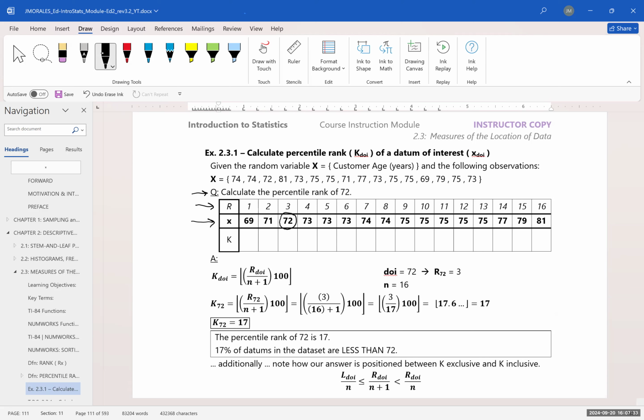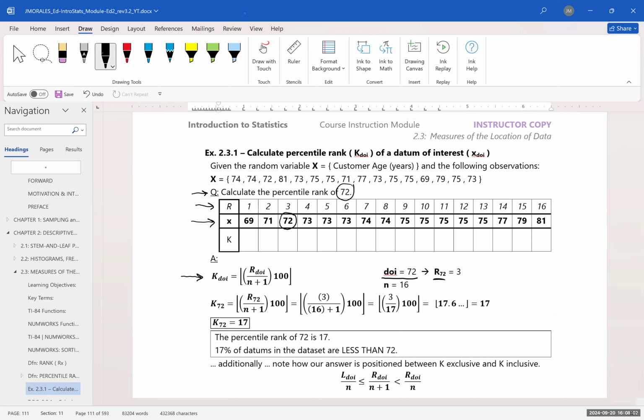To calculate percentile rank, we use the formula I introduced earlier. The percentile rank of the datum of interest is equal to the rank of the datum of interest divided by n plus 1, times 100, and then that will be rounded down. Our datum of interest is 72, as given in the problem.